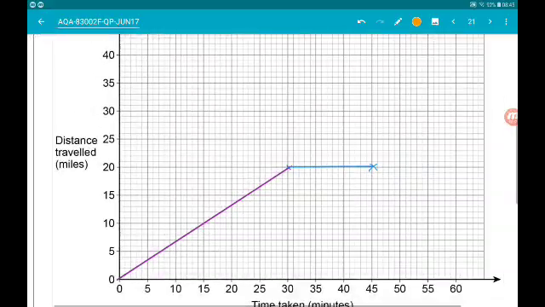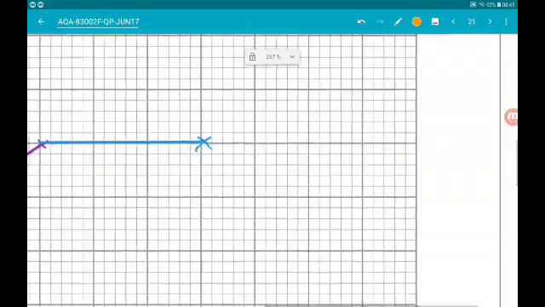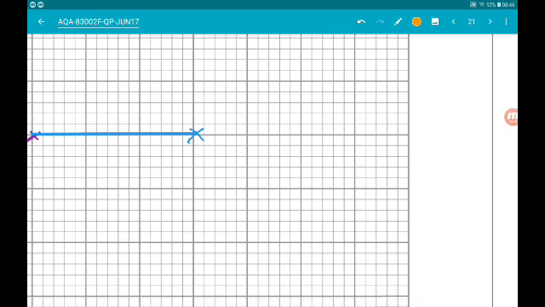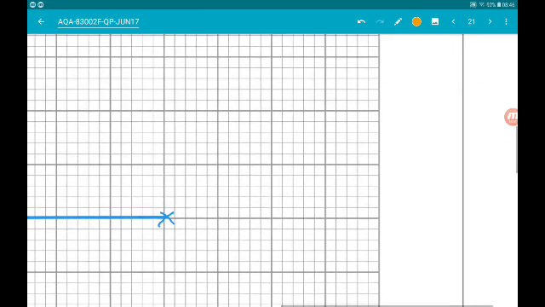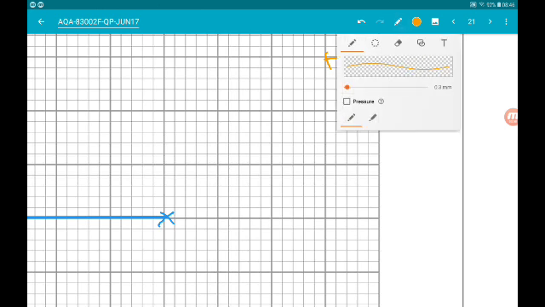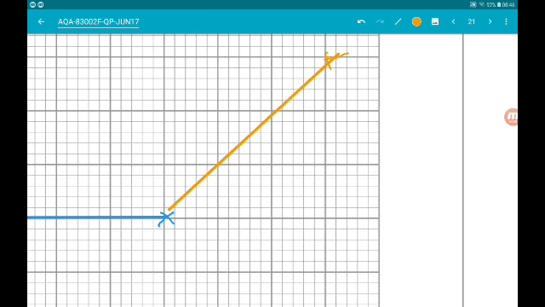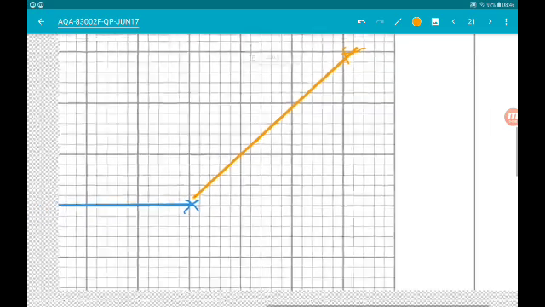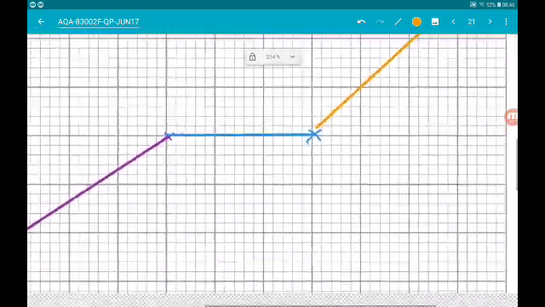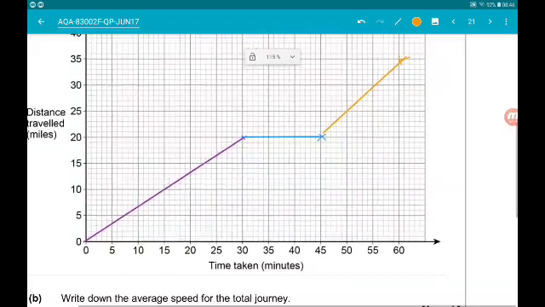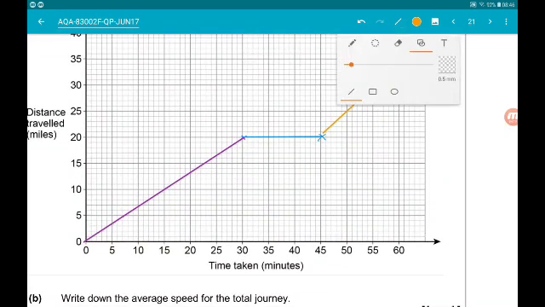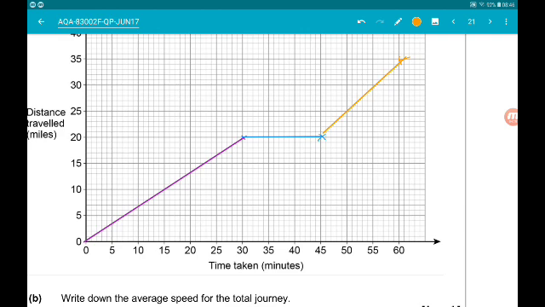So we're going 15 minutes across and 15 minutes up. So that's going to be there. So then join those two up, like that. Okay, I managed to miss that bottom one, but in the real thing, join them up. Okay, there is our distance time graph.